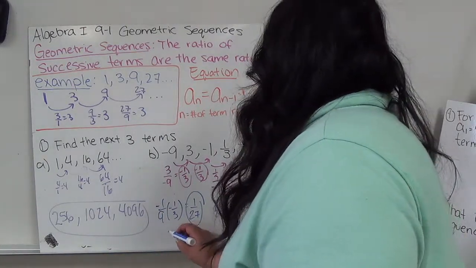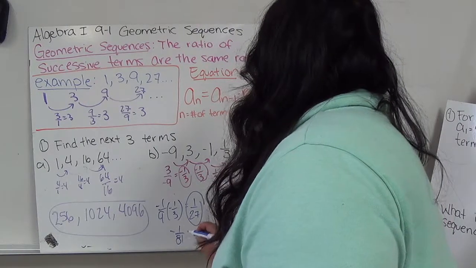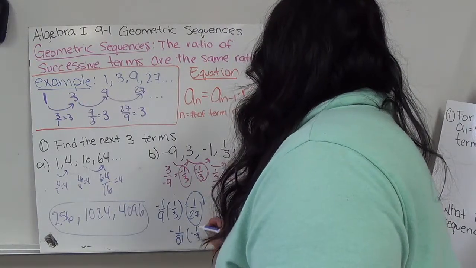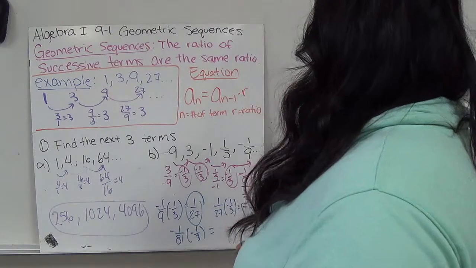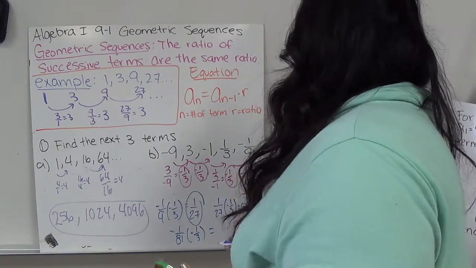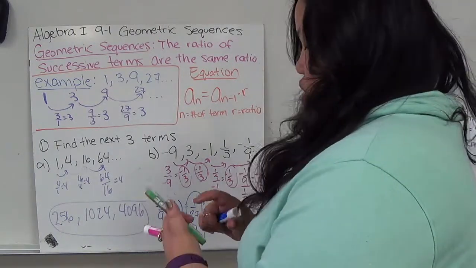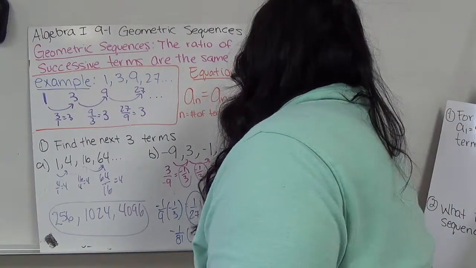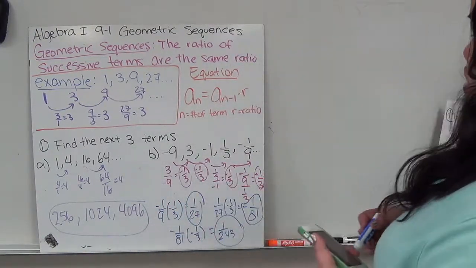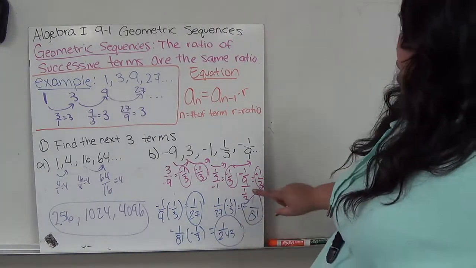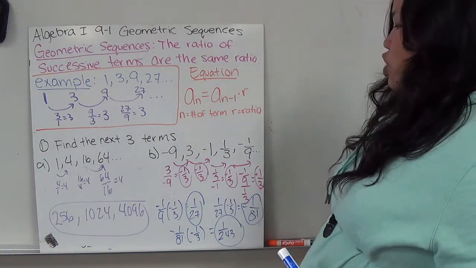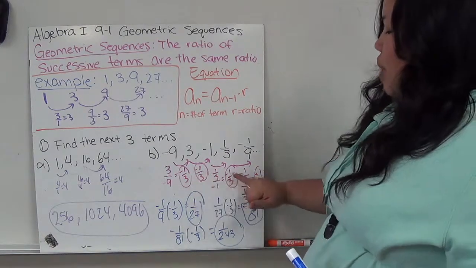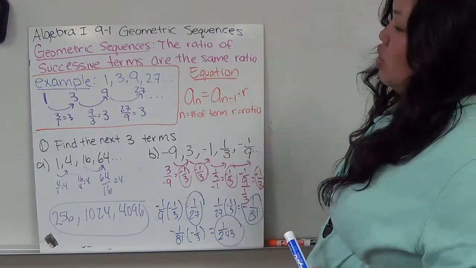And the next one is negative 1 over 81 times negative 1/3, which gives me positive 1 over 243. Okay, so those are my 3 next terms: 1 over 27, negative 1 over 81, 1 over 243. So I find the pattern and then I apply the pattern to the next 3 terms.